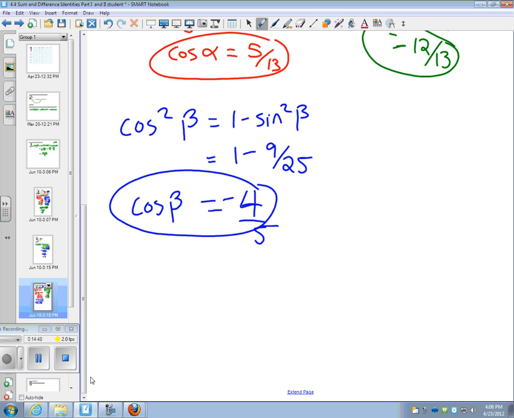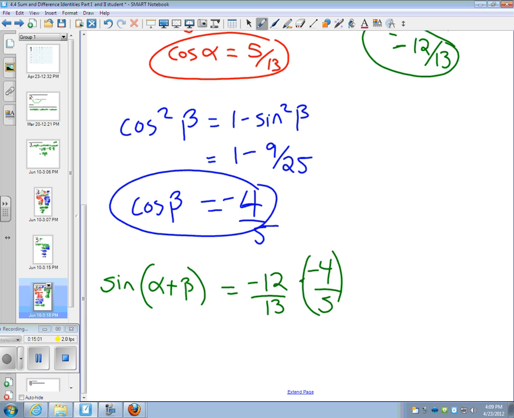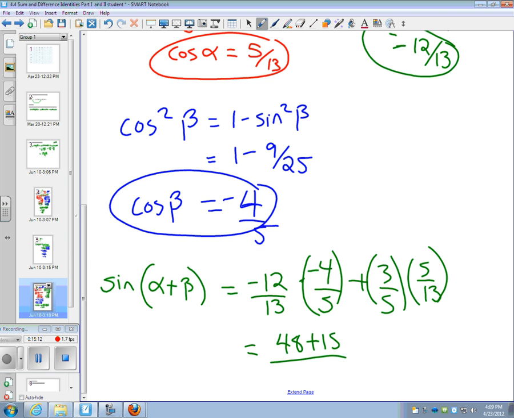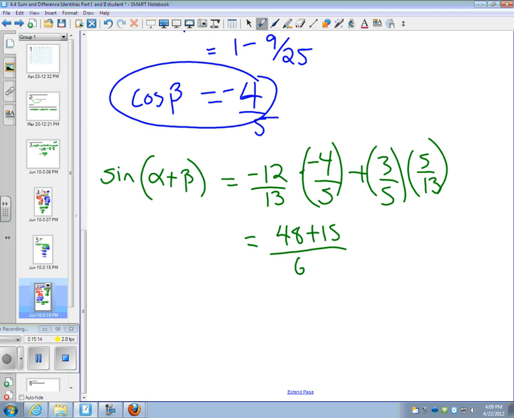So the sine of alpha plus beta is equal to negative 12/13 times negative 4/5 plus 3/5 times 5/13. Simplifying this all out, we should get 48 plus 15 all over 65, which simplifies to be 63/65. A lot of work, eh?